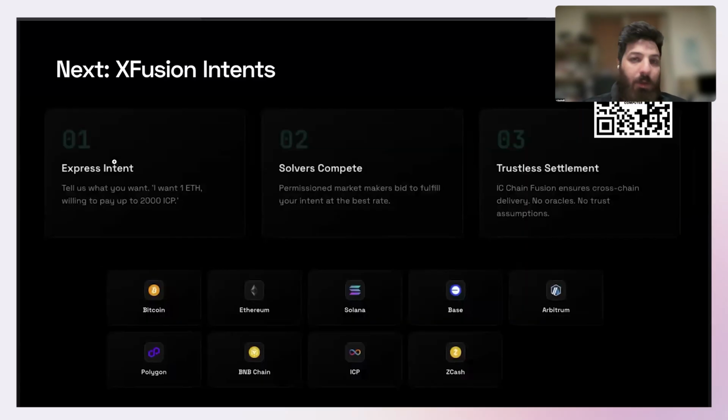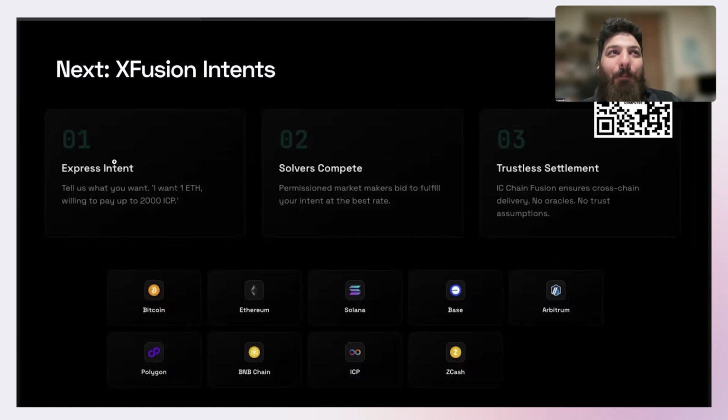Now, this one is again one of the pillars of xFusion, but it was not visible up to this point, in the background. How we do things is quite similar to 1inch Fusion Plus. And Radu mentioned the hackathons.